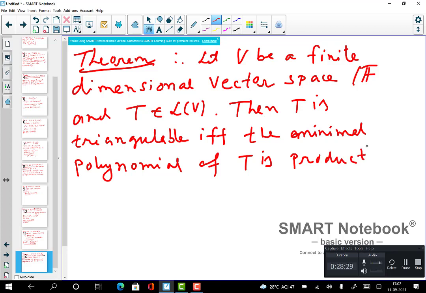Linear means a degree 1 polynomial, but the product can repeat also. This is an if and only if condition. So if you check whether something is triangulable or not, you check how the minimal polynomial looks. If it is a product of linear factors, so there are no quadratic or higher order terms, then it must be triangulable.